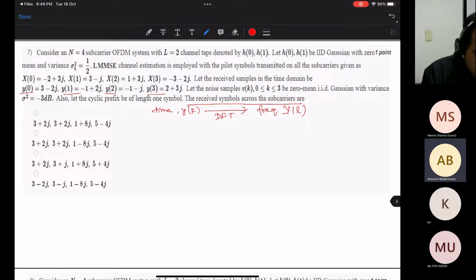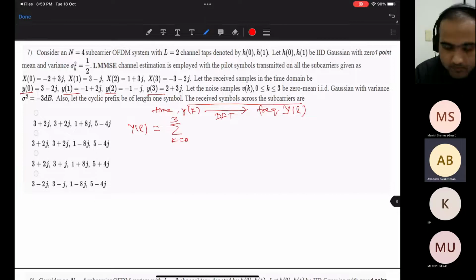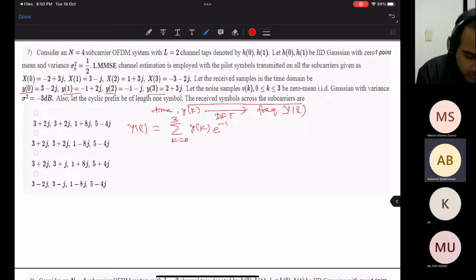So let's do that. Capital Y of L is the sum over k from 0 to N minus 1, which is 3, of y of k e to the power minus j 2 pi kl by 4. So this is what we have, right?